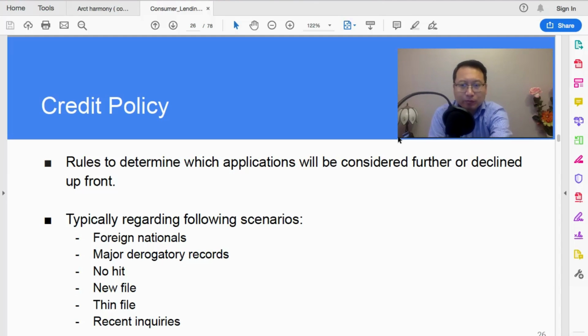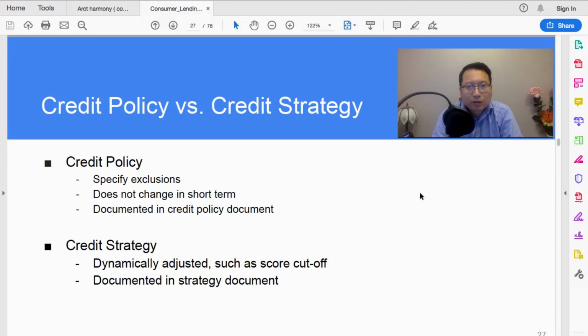Okay, let's look at credit policy versus credit strategy. Some people use these two terms interchangeably, but I think it's a good idea to distinguish them. Credit policy really is specified as a set of exclusions, right? So which are out of scope of the business.